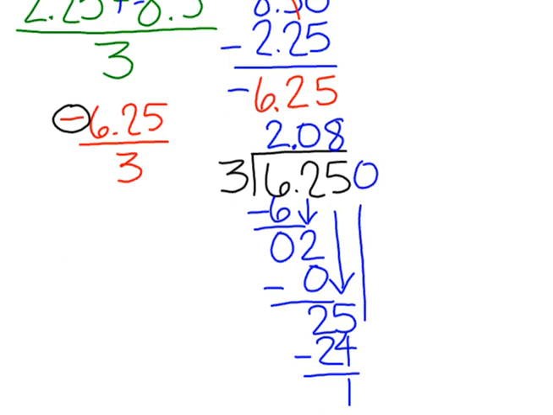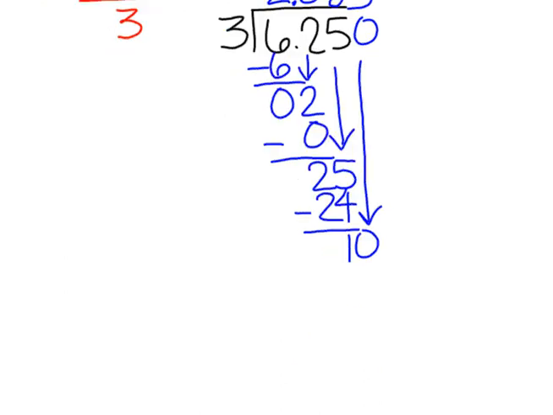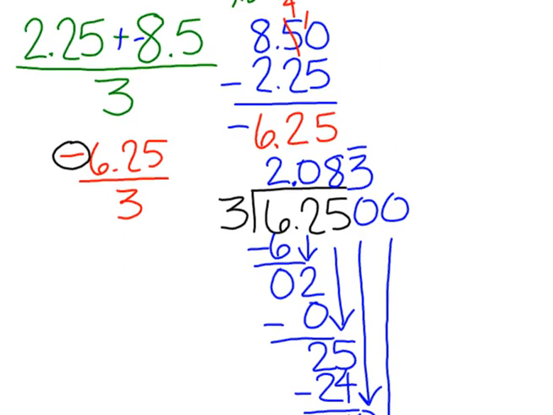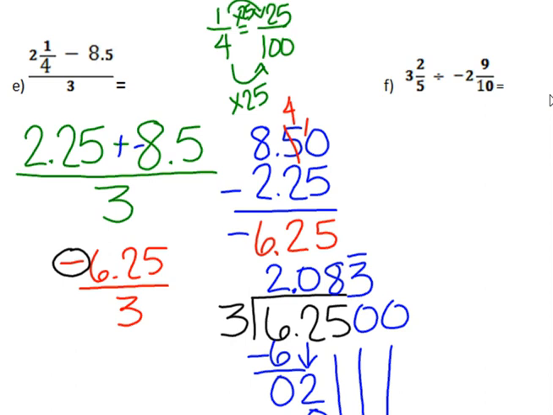Add a digit if you need to, add a 0. 3 goes into 10 3 times. So we have 3 times 3 is 9. Subtract, and now we're going to get 10 again, which means that the 3 is going to repeat. So you get 2.0833333 repeating. Okay, and then I do know that it's negative, so my final answer is negative 2.083 with a repeating bar above the 3.